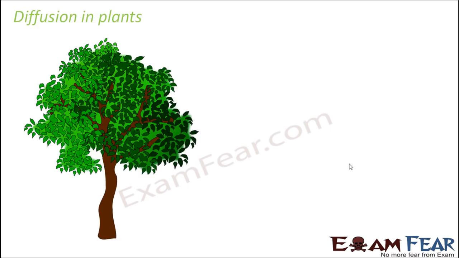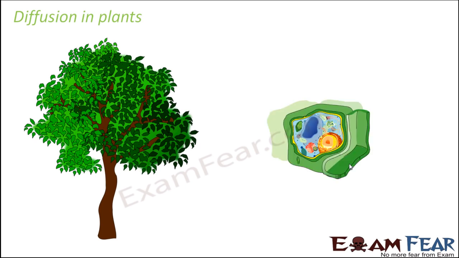Now let us see how diffusion, or where diffusion, will occur in plants. A plant, like all other living organisms, is made up of several cells. Each of these plant cells looks somewhat like this. The yellow colored boundary you see around the cell is the plasma membrane.